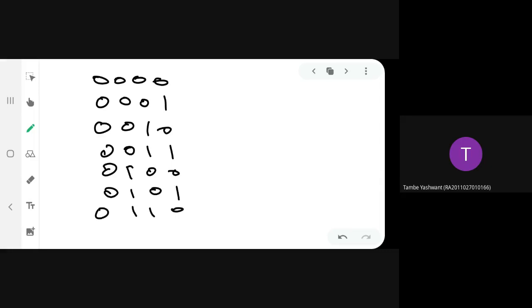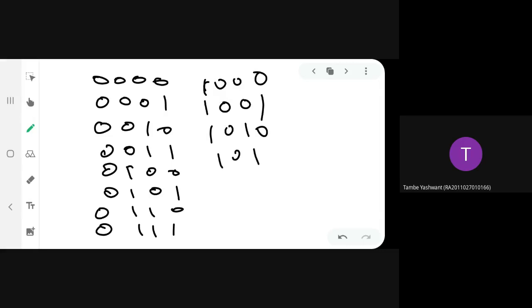The first is 0, second is 1. This is 2. This is 3, 4, 5, 6, 7. Wait. 1, 0, 0, 1, 1, 0, 1, 0, then 1, 0, 1, 1, then 1, 1, 0, 0, then 1, 1, 0, 1, 1, 1, 1, 0 for 14, 1, 1, 1, 1 for 15.